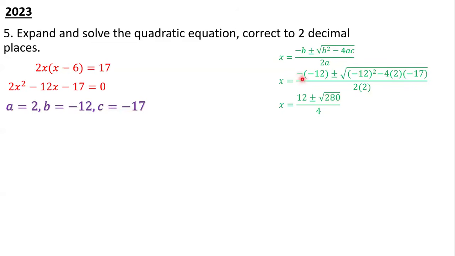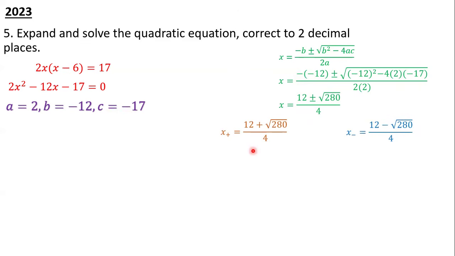We know that a negative times a negative is a positive. So we just have positive 12. And so we have that x is equal to 12 plus or minus the square root of 280 all over 4. Notice that this is plus or minus. That means we're going to have a positive x, and that also means we're going to have a negative x right here.